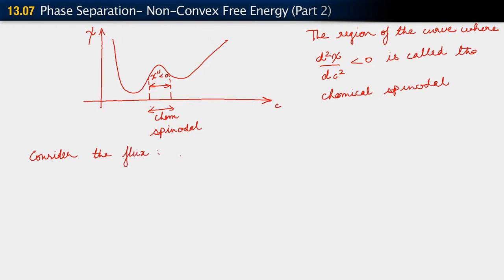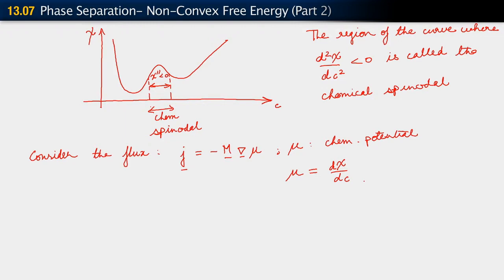What we wrote then was that the mass flux is equal to minus a positive semi-definite mobility tensor times grad mu, where mu is the chemical potential, and is equal to that derivative.